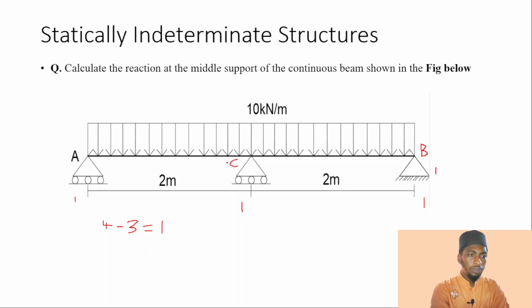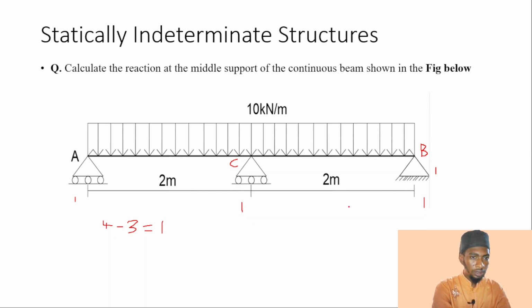Since we have one unknown, for simplicity, you pick your redundant member. I will just pick the support C as the redundant member.